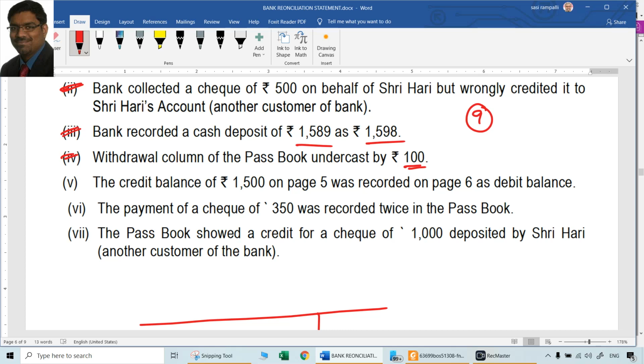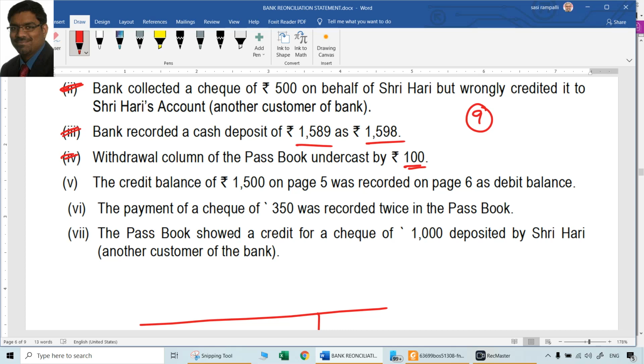So withdrawal column of the passbook means, withdrawal means debit. For bank, deposit is credit, withdrawal is debit. Definitely, when you undercast the withdrawal, balance will be more. Undercasting means under totaling. The withdrawal column is totaled less.